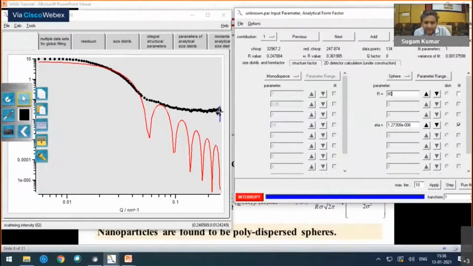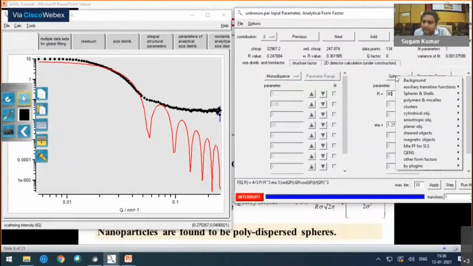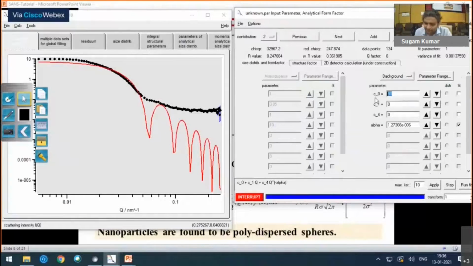Now here some background is there, so we will add some background. Keep the cursor at the highest possible Q point and read the data. So keep the cursor here, read the data from here. Y value is 0.029. Add background.